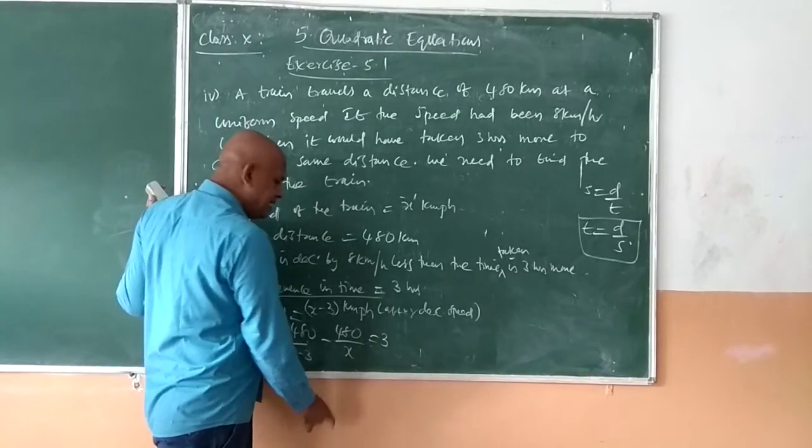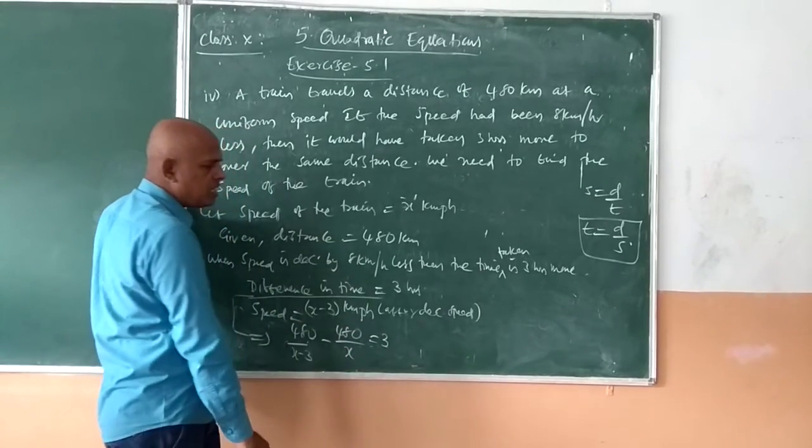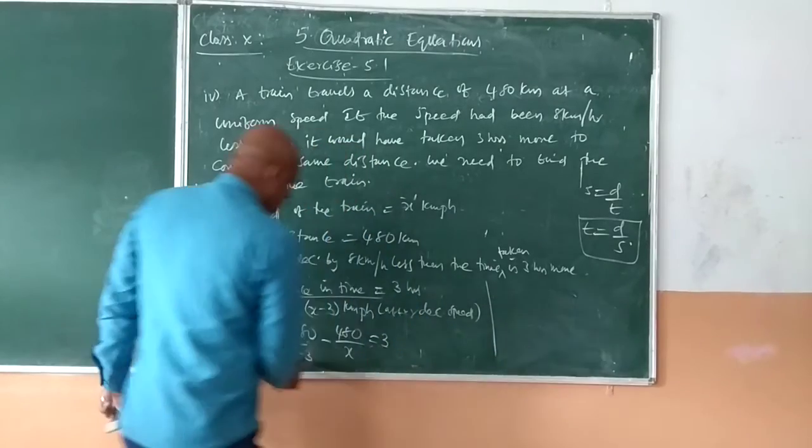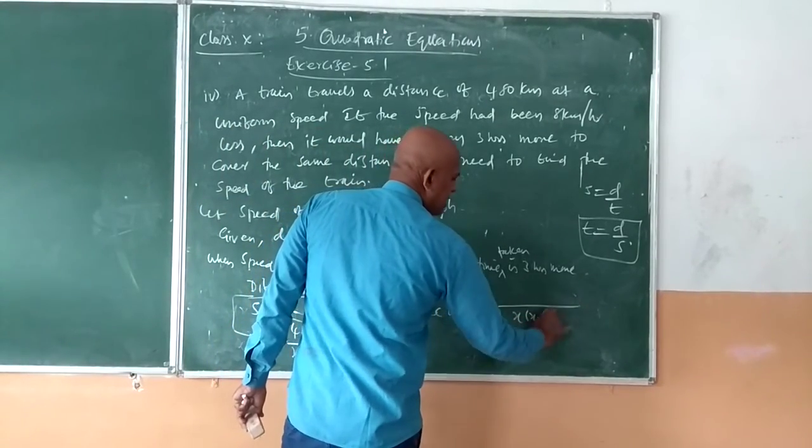Before decreasing the speed, the time is 480 by x. The difference in both times is equal to 3 hours. So now the LCM is x into x minus 3.